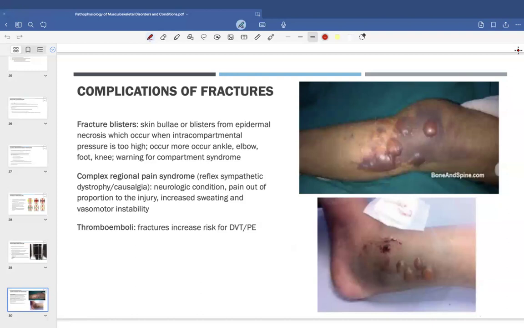Complex regional pain syndrome is another complication of fracture. Yeah, Brian. As far as elevation is concerned, if you're concerned about structure injury, are you worried that it's flowing back in the other direction, still elevation? Still elevation. Does that make sense what I'm asking?